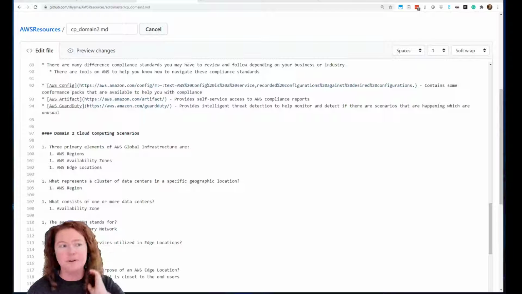Part of the reason I'm doing this is because all of my stuff is spread out everywhere. I did not do a great job of making sure that things were organized.